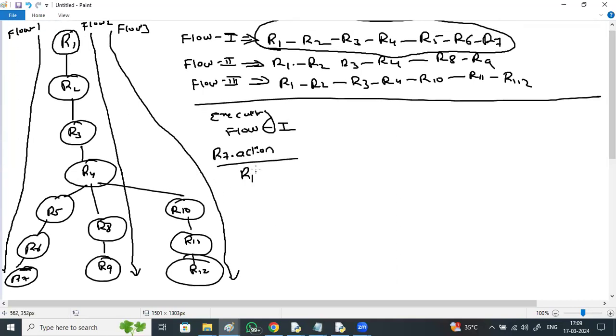First R1 gets loaded. Observe carefully here. Don't think all the flow 1 RTDs will be loaded into RAM. No, RAM cannot accommodate that many RTDs. One RTD is a bigger data object, and all those RTDs can't be loaded into the RAM at a time.